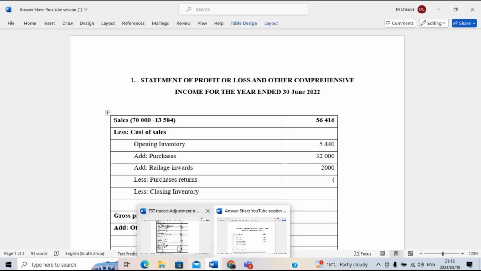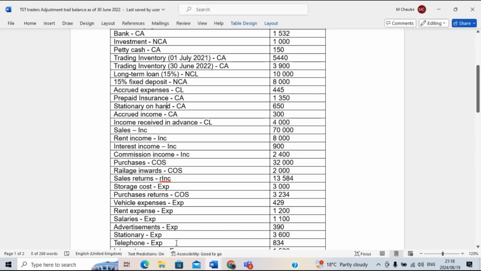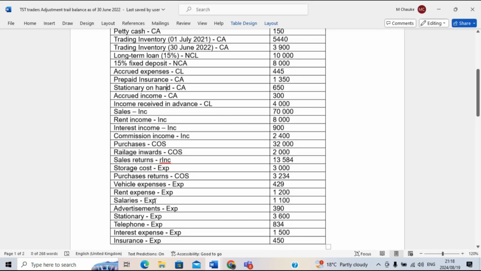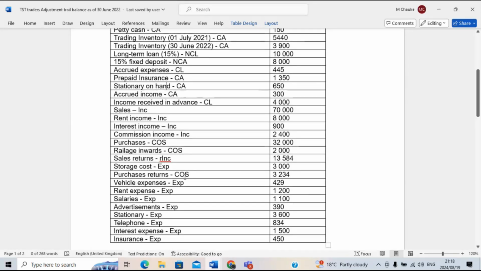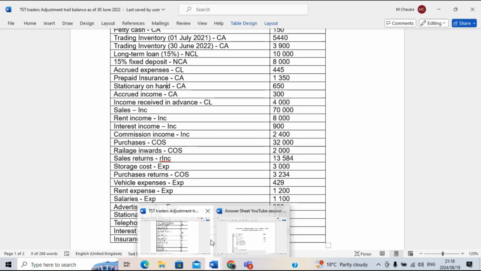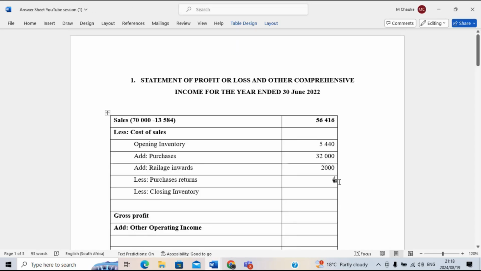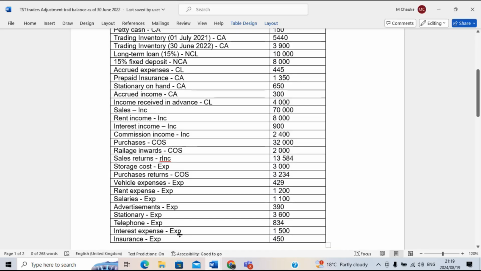Let's go back to our answer sheet. We're going to look for purchases returns. Our purchases returns is 3234. I'm just going to double check as well, so that I don't make the mistake I did with the sales.